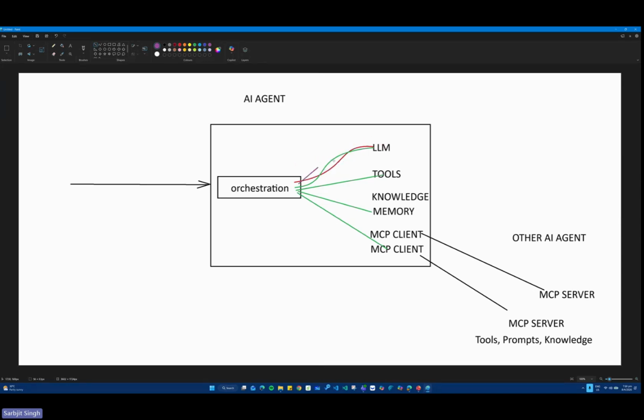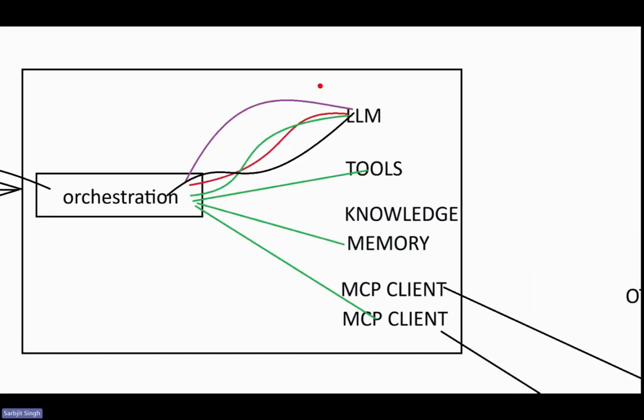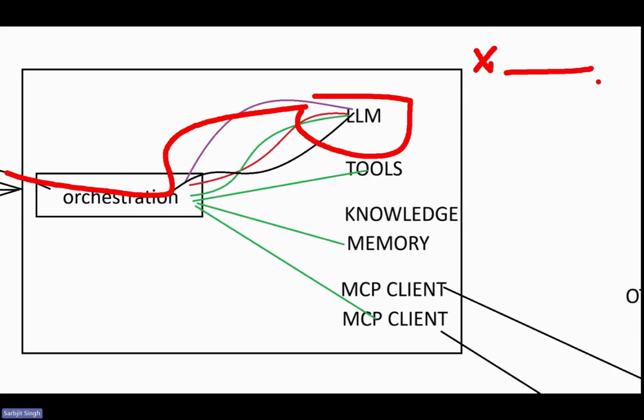The LLM then generates a response, which I'll draw in black, and the response eventually goes back to you, the person who initially sent in the prompt. So there's a lot of tools that get used, but of course, the brains behind it is the orchestrator, which is the middle person between the LLM and all the other things. So the LLM might see a prompt come in and say, oh, this guy needs to retrieve data from a HR database.